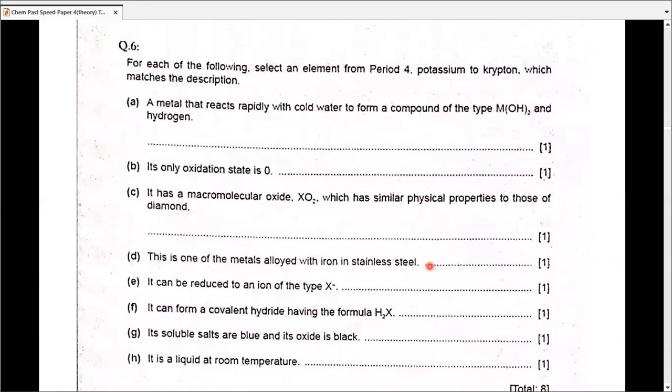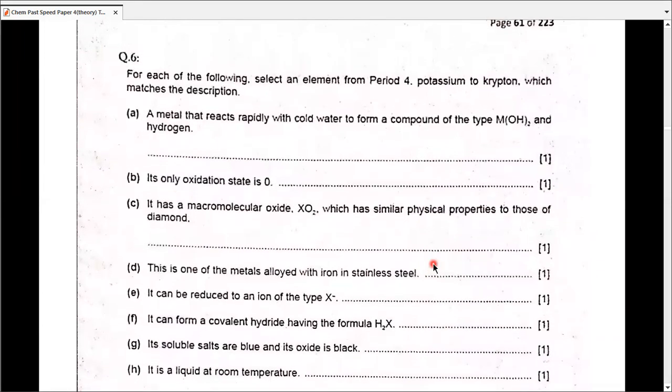Question number 6. You've already done a question from potassium to krypton, so it shouldn't be difficult because this one is a repetition.